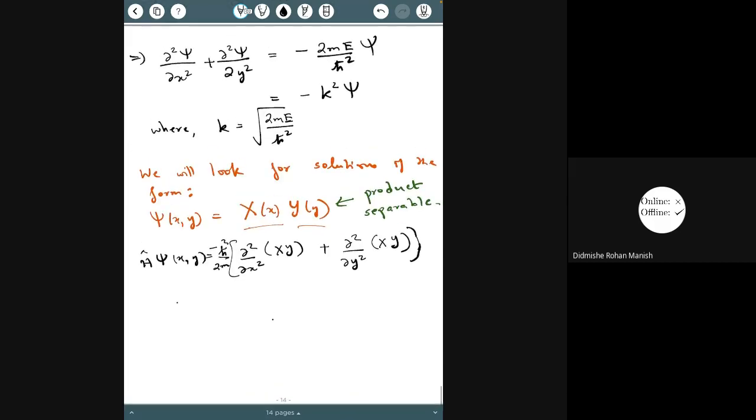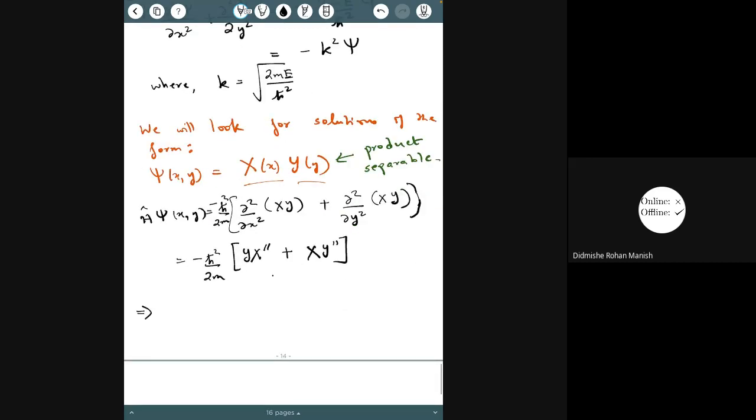So this is equal to minus h cross, y x double derivative plus x y double derivative. Okay.